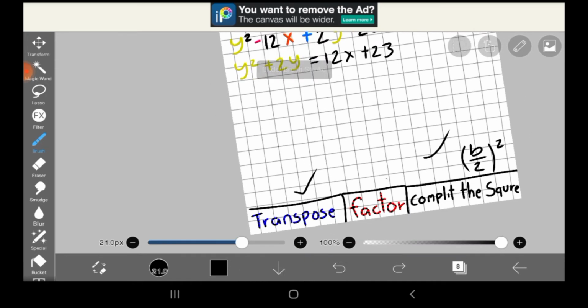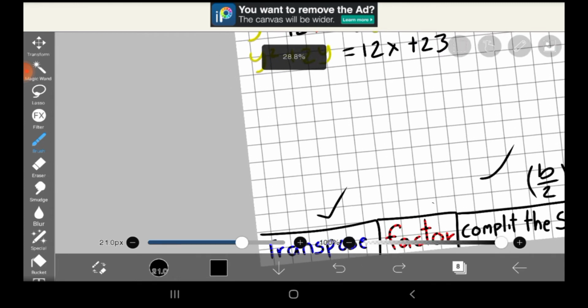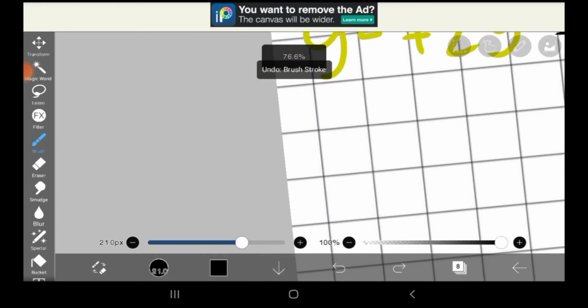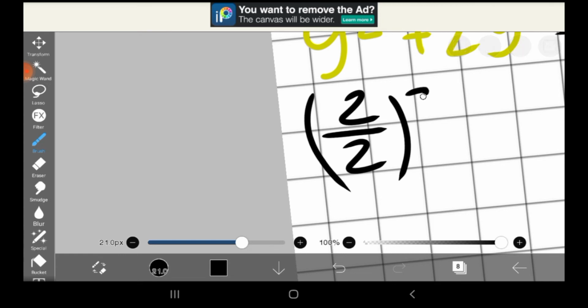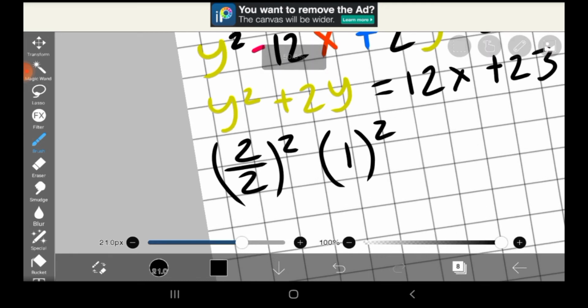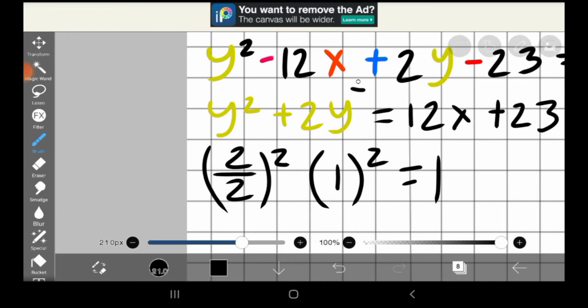So again, we'll use the second term, the b. It will look like this: 2 divided by 2 squared. It will be 1 squared. 1 times 1 is equal to 1. So there is a positive 1 here and a positive 1 here.